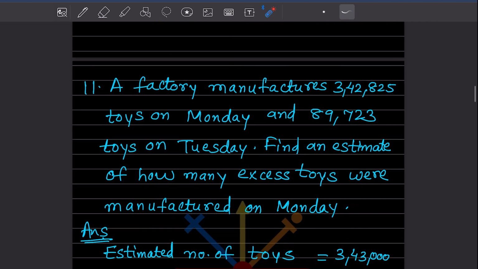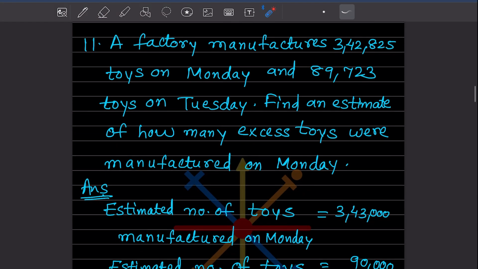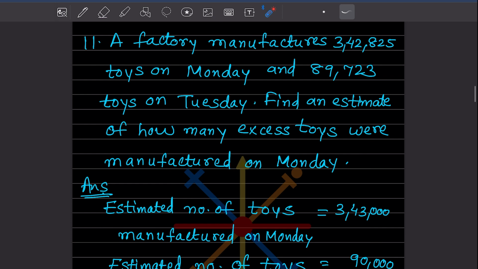There's one more problem, and this will be the last problem. So now look at here. A factory manufactures 3,42,825 toys on Monday and 89,723 toys on Tuesday. So we have to find the estimate of how many excess toys were manufactured on Monday.